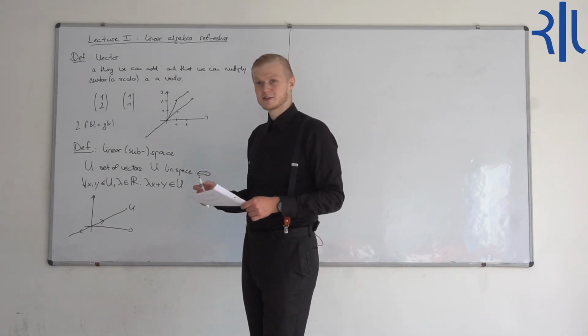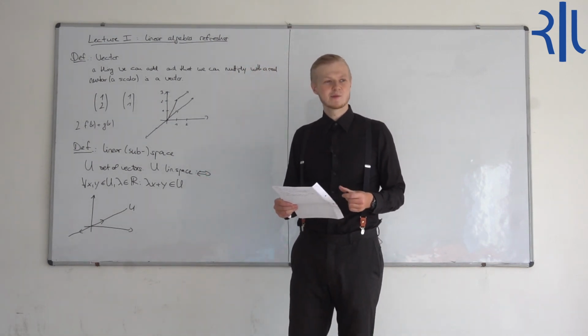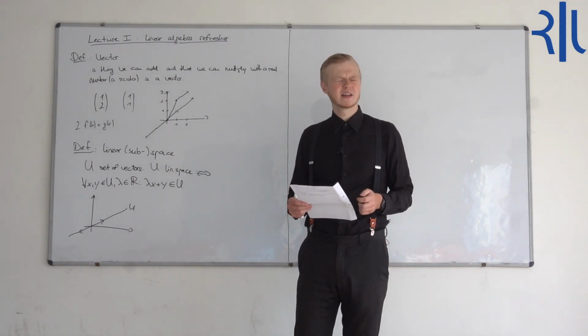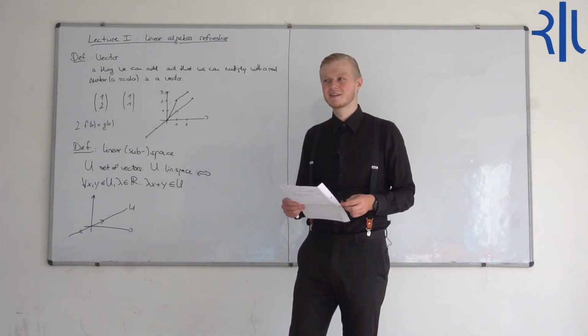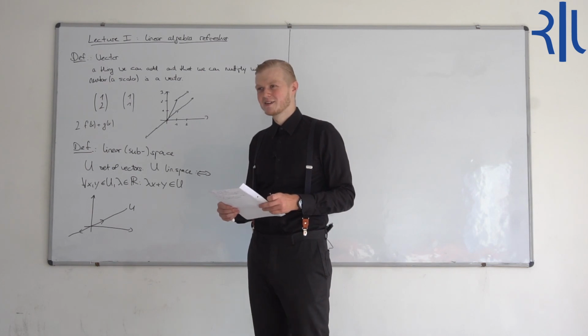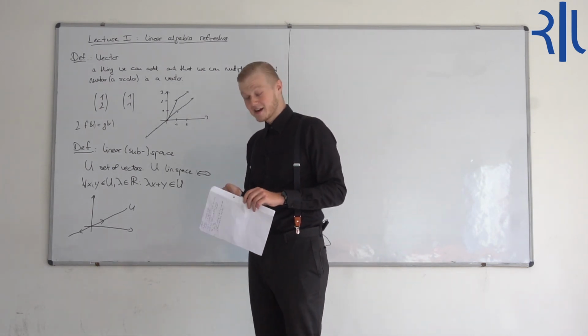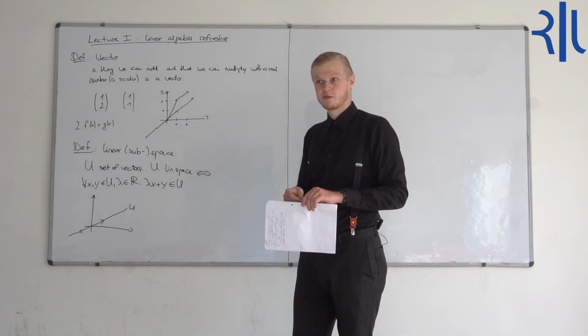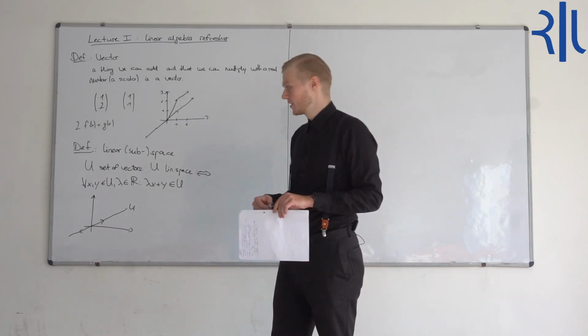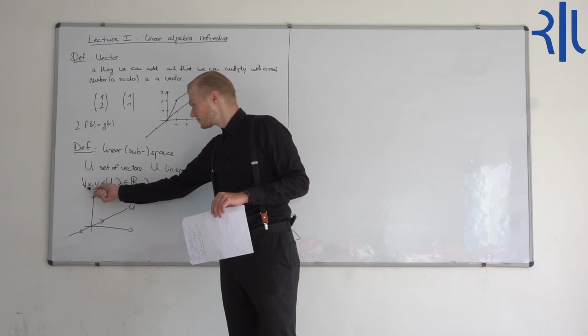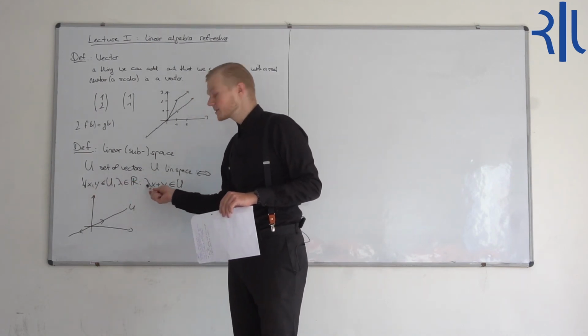Oh, an interesting question. Can somebody name an element that is in every linear subspace, or in every linear space? Okay, it's the zero element, or the zero vector, because you can just take one vector and multiply it with zero.